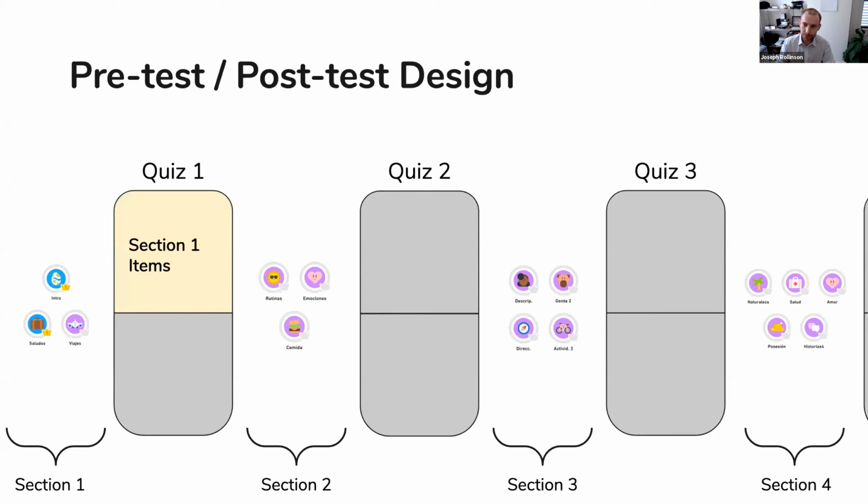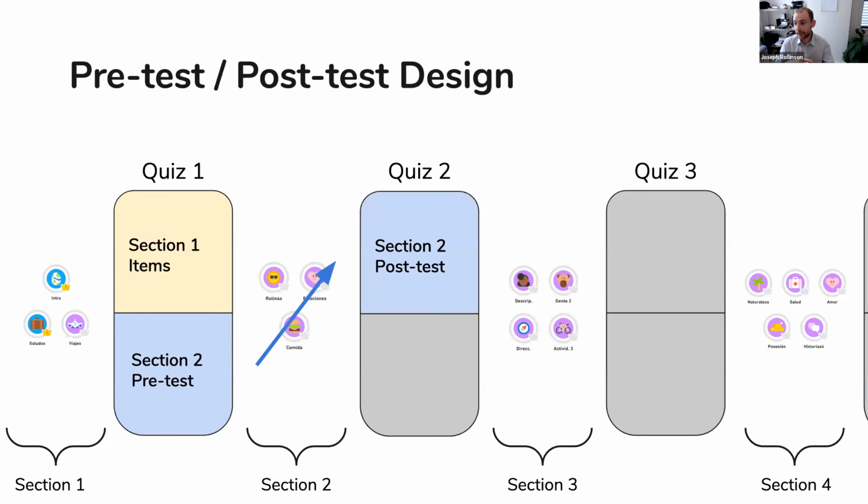And so, unsurprisingly, in quiz 1, we have a bunch of questions or items that test the previous section. But another thing that we do is we put some items that test the next section of the course. And the idea here is that it gives us an idea of what people knew before they entered this section of the course.